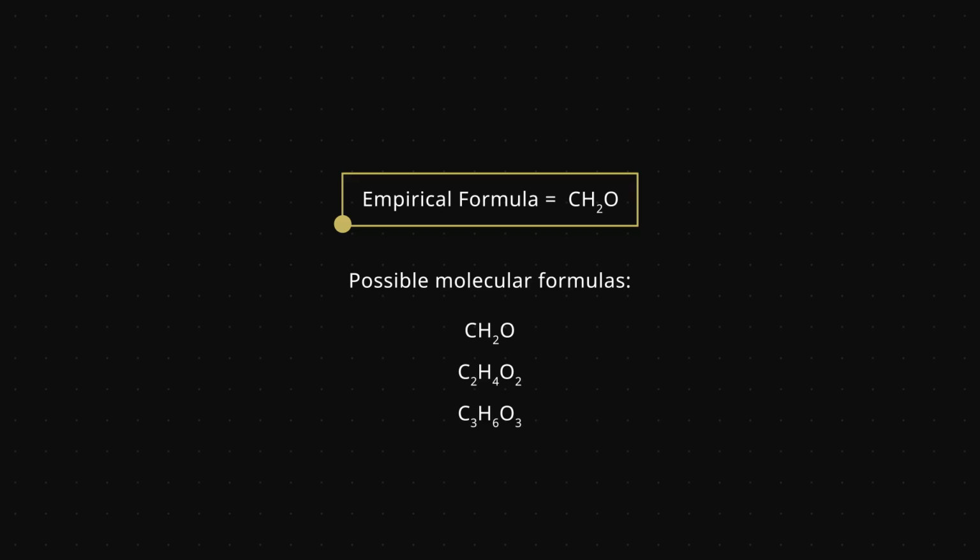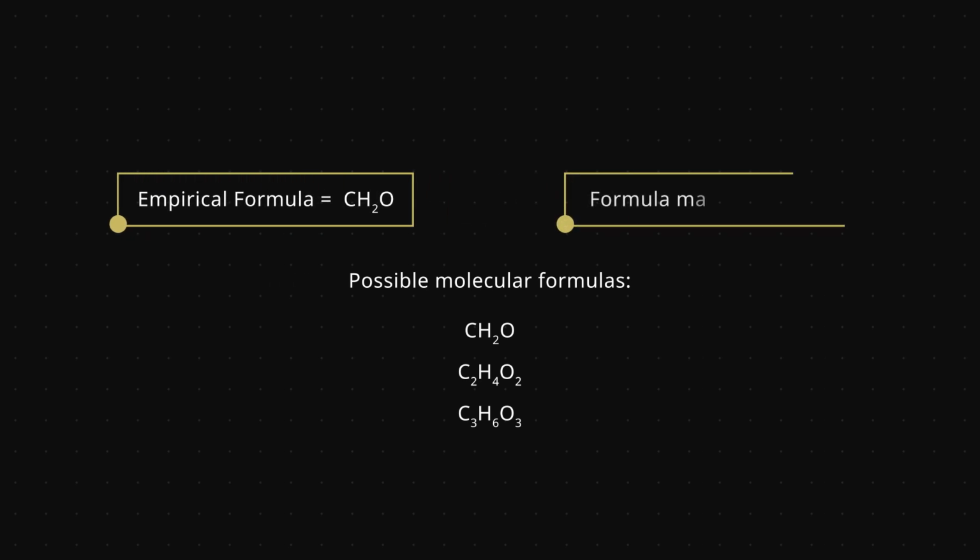The empirical formula, CH2O, has a formula mass of 30 grams per mole. If the molecular formula is a multiple of the empirical formula, the molar mass will be a multiple of the formula mass.